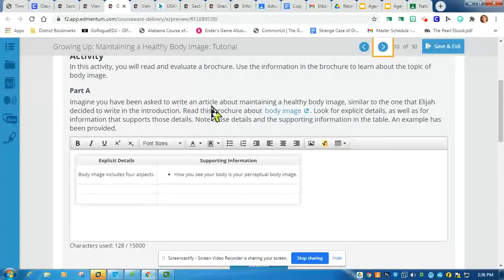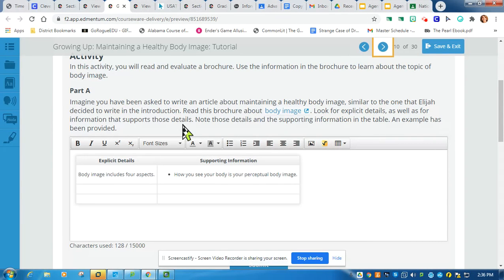An article is like a news story, something you would see on a blog, or something you would see in an online newspaper. So you're going to read the brochure right here. There's your info, your informational text. You're going to look for explicit details as well as information that supports the details.